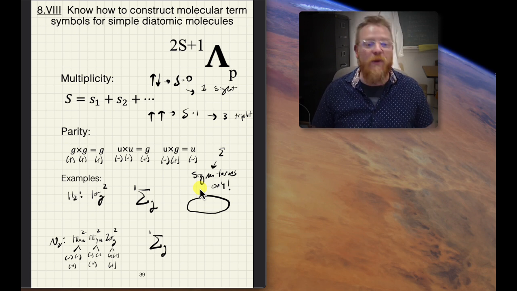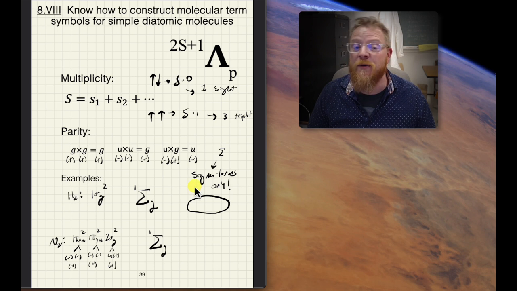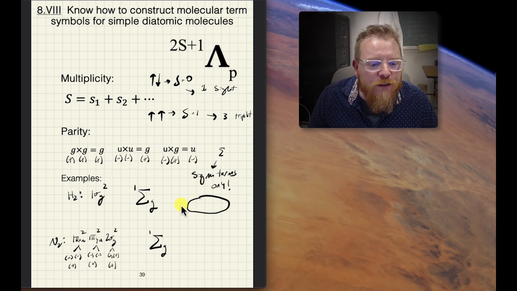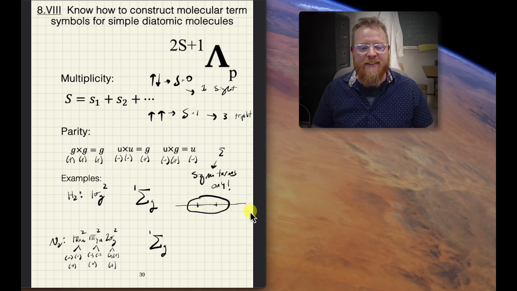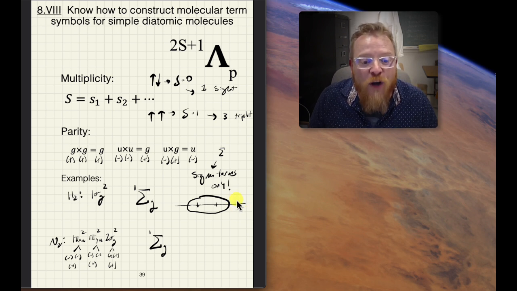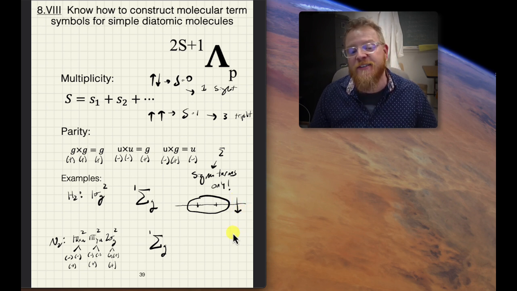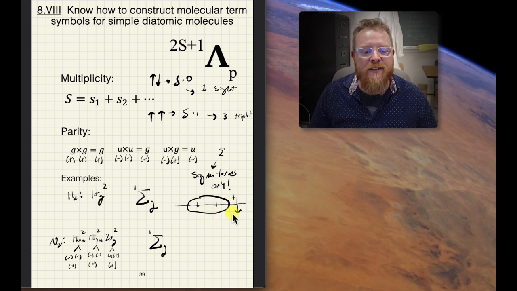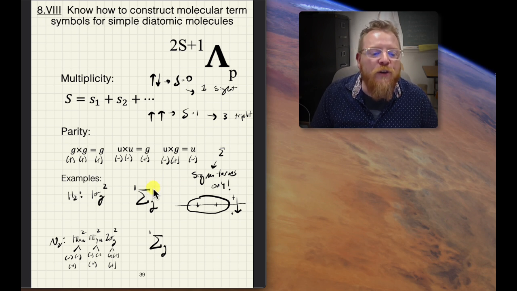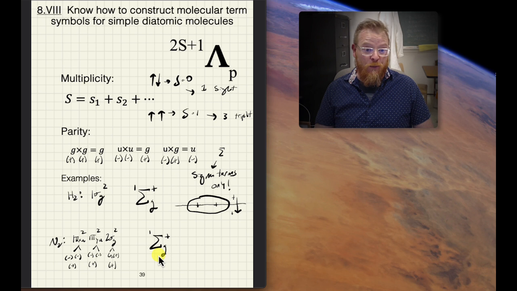As we shall see, we can make a sigma term from pi bonds. So if we look at this sigma bond and recall that it has this cylindrical symmetry about the z-axis, we don't have a change in sign for this particular sigma bond. So because of that positive, positive, we include a positive sign on this sigma term right here.